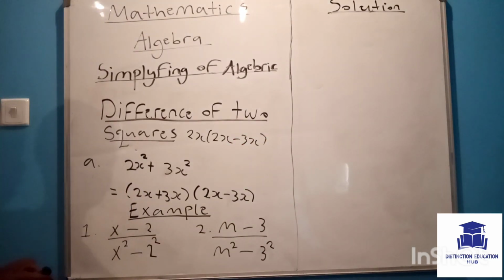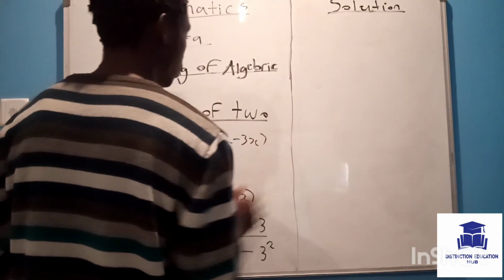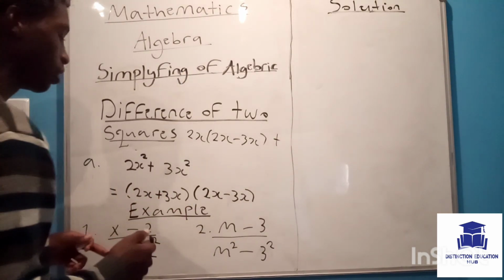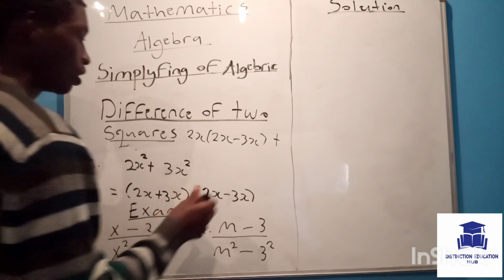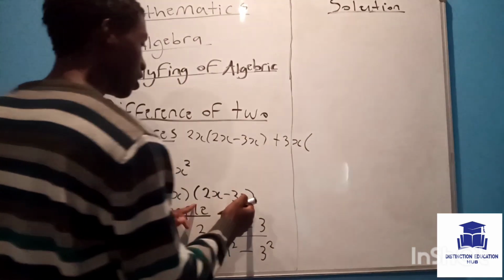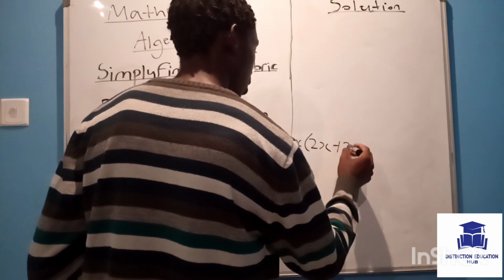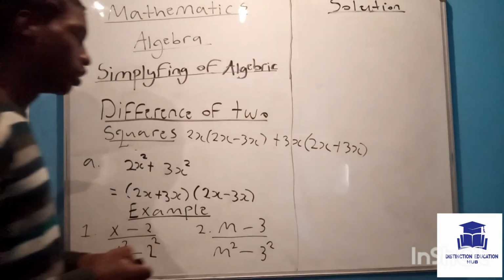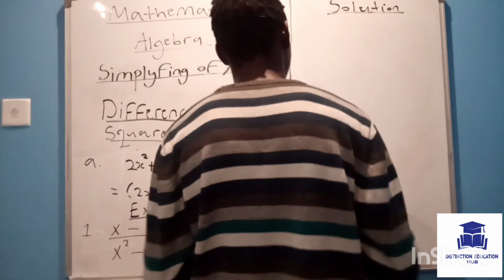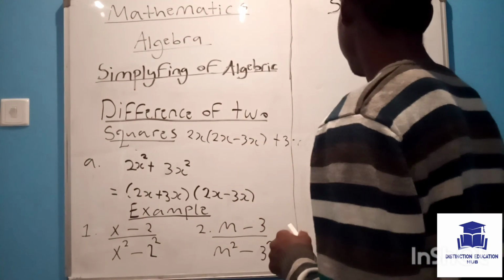Then afterwards, you're going to say plus, you get this other expression, 3x. Then you get everything that's in the brackets, 2x plus 3x. Then you simplify. So at your free time, I want you to work this out and prove whether it's going to take you back to the original expression.